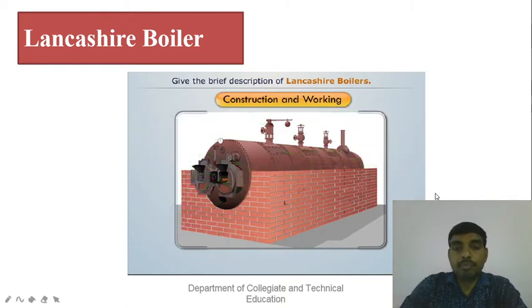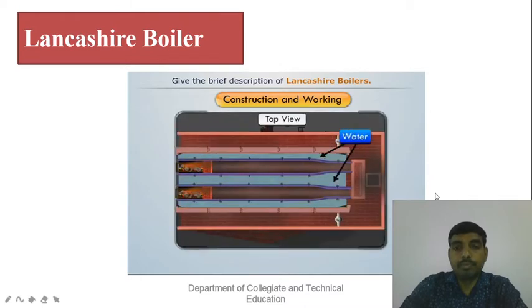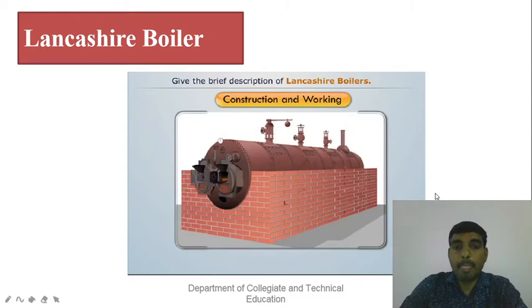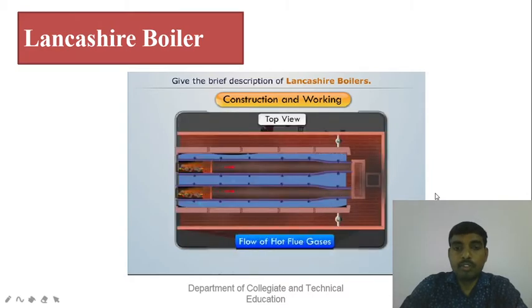Note that here we'll use the front view, top view, and side view of the Lancashire boiler to explain its construction and working. The Lancashire boiler consists of a horizontal cylindrical shell filled with water surrounding two large fire tubes. The cylindrical shell is placed over brickwork, which creates several channels for the flow of hot flue gases.